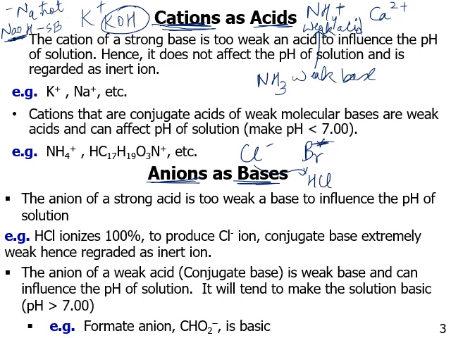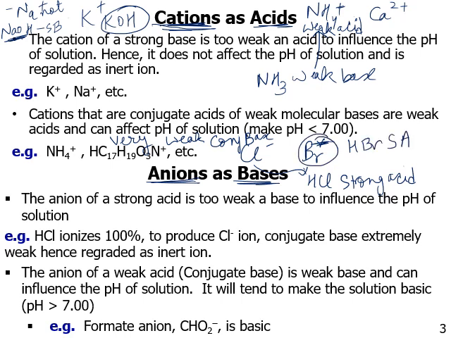So this anion is coming from a very strong acid, which means this conjugate base is a very, very weak base, which means this is not going to affect the pH. Similarly, Br minus comes from HBr, which is again a very strong acid, which means Br minus is going to be a very weak conjugate base that will not affect the pH.